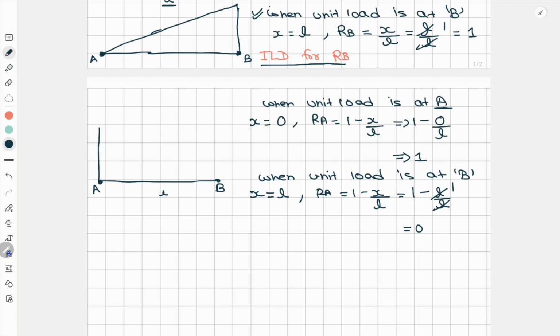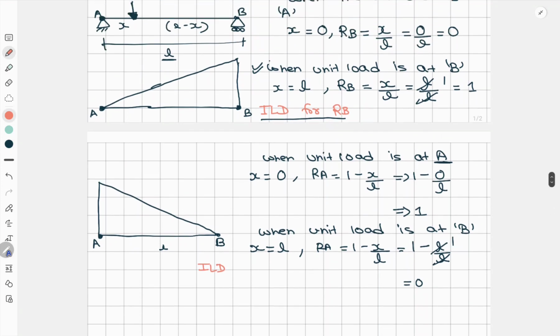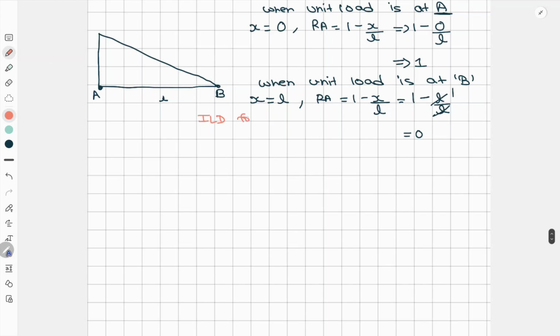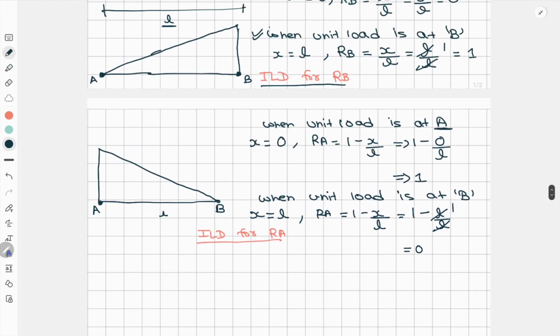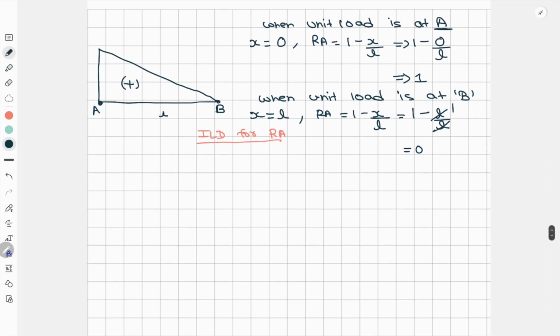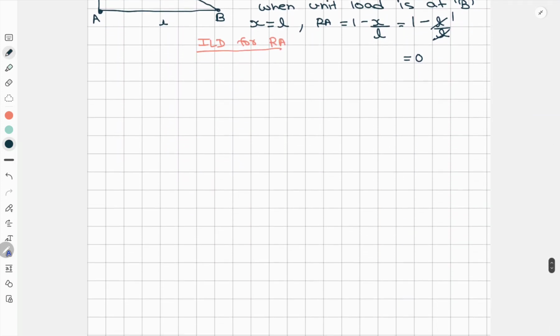So the IL diagram for RA will be like this. So you can write here, this is the influence line diagram for RA. Now these both are positive, right? Just write it positive.